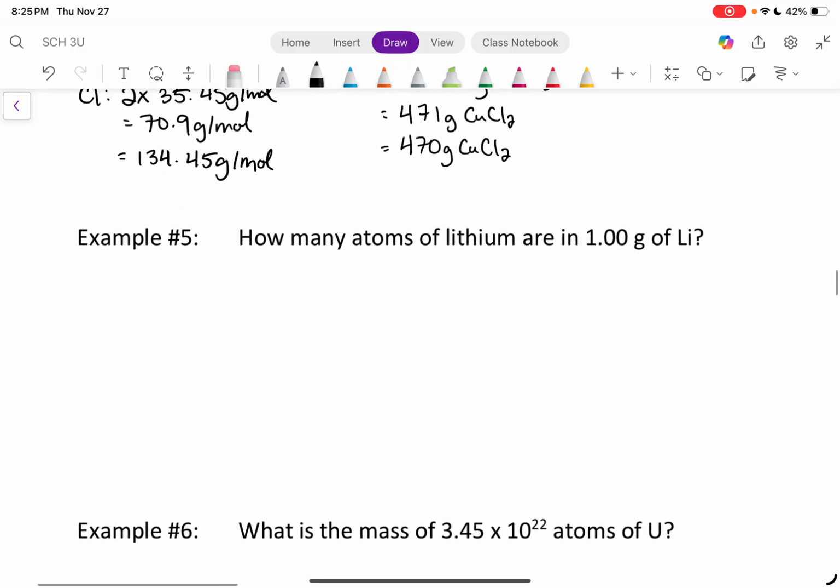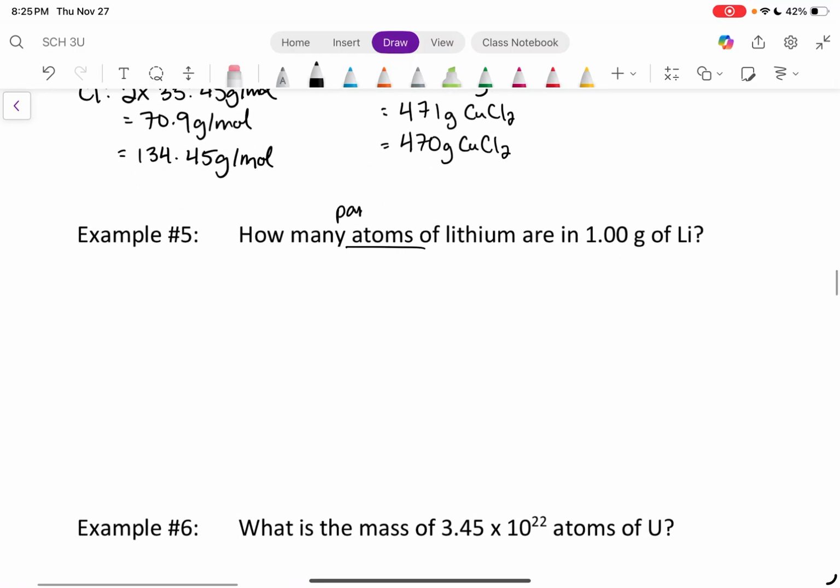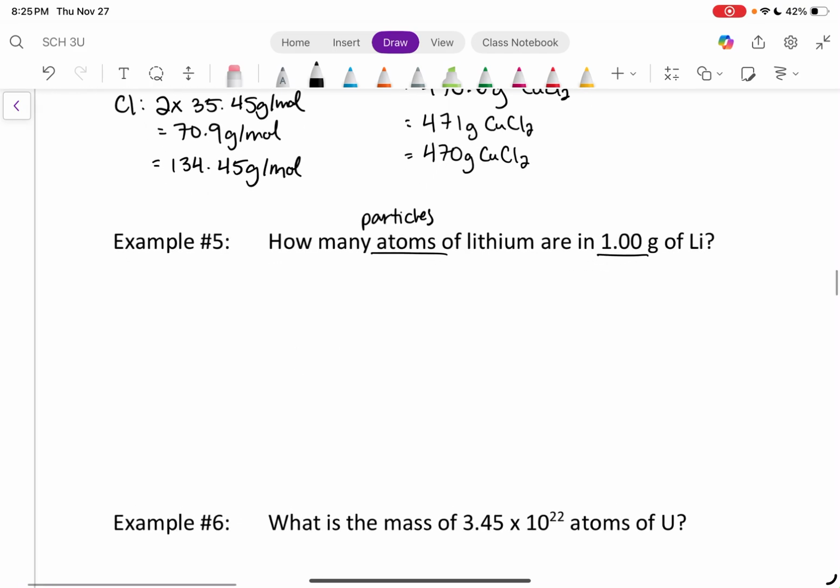Example number 5, how many atoms, remember that this means particles, of lithium are in 1 gram of lithium. So we're given our mass. We are not given moles, we are also not given our particles.